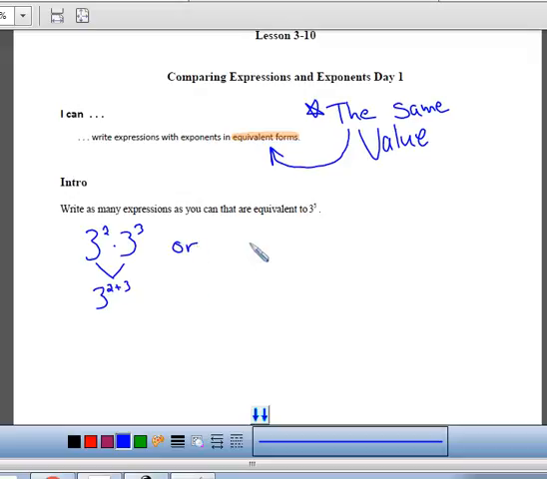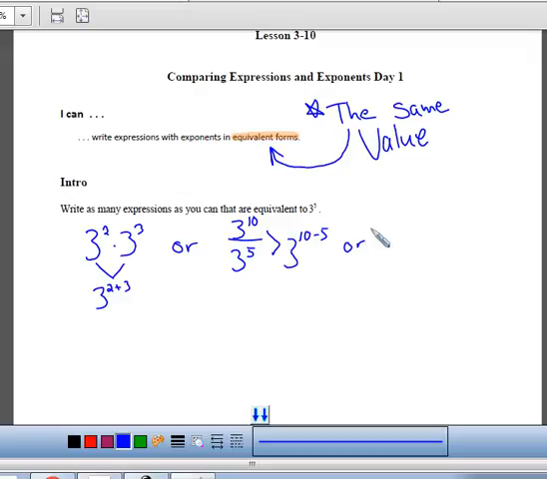Another example would be 3 to the 10th over 3 to the 5th. Why? Because if I have this situation, then really I'm dealing with 3 to the 10 minus 5, because remember the rule of exponents, same base, subtract the exponents, 10 minus 5 is 5.